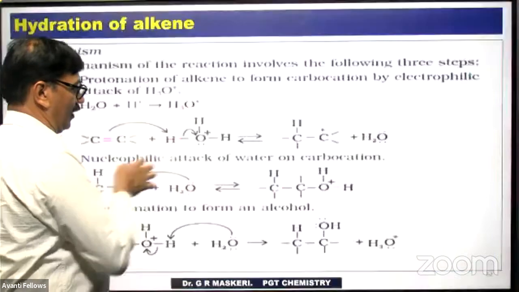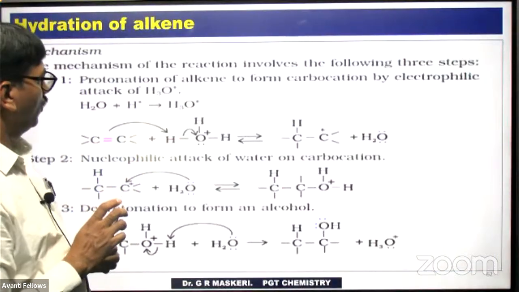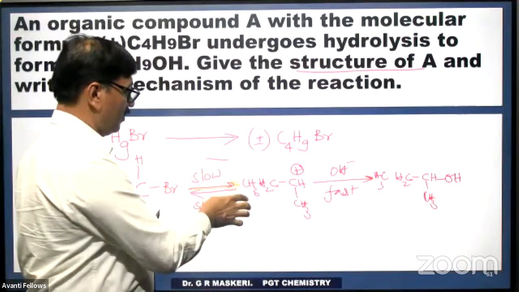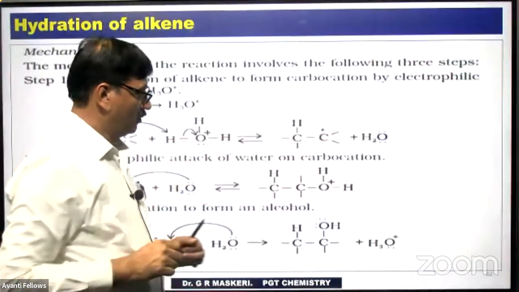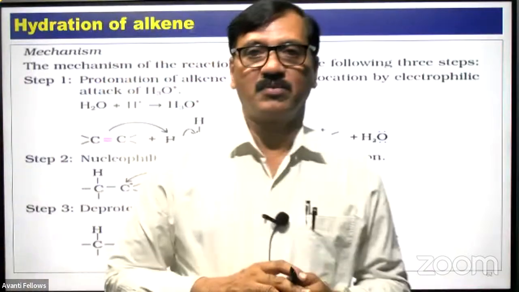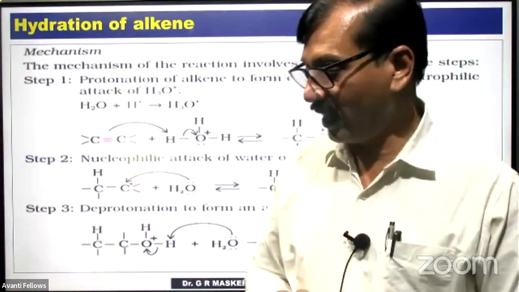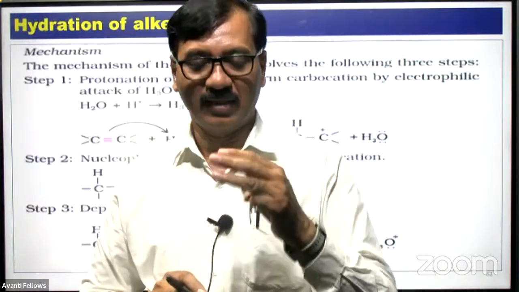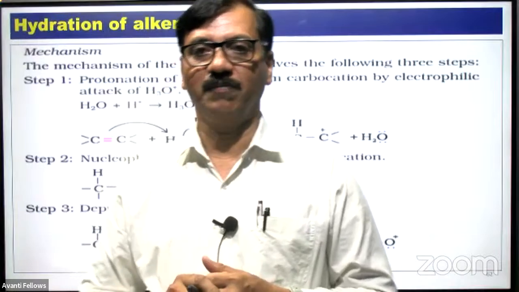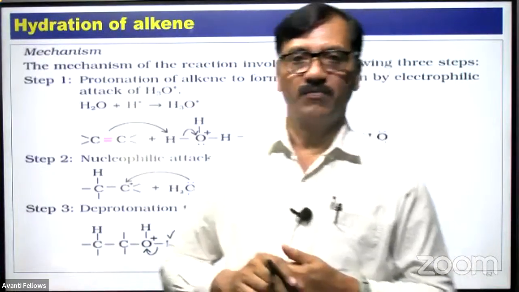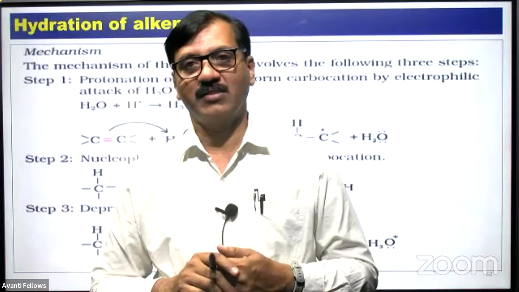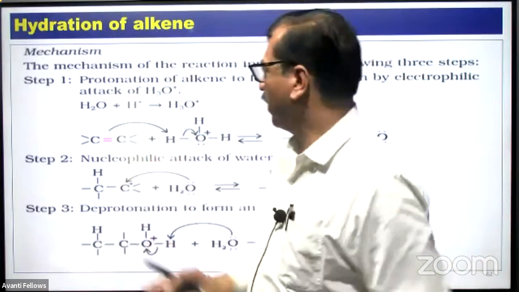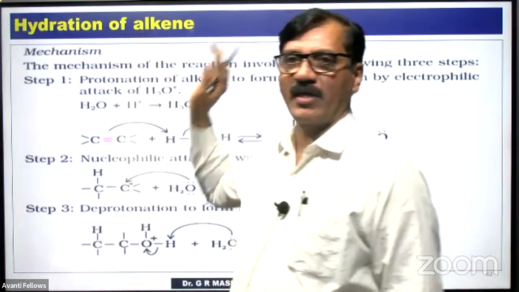Now, coming to the other mechanisms. What are the other mechanisms which can be asked? The 3 other mechanisms are in the second chapter: alcohols, phenols and ethers. There they ask direct questions: write the mechanism of hydration of alkene.